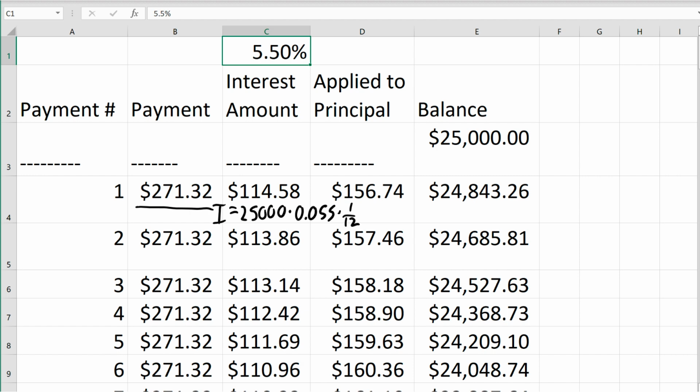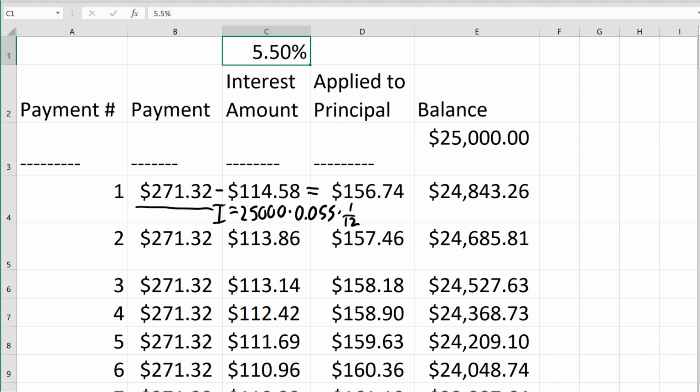It's just simple interest on the balance from the previous month. So then what we do is we take the payment amount, $271.32, and we subtract out the interest amount, because that's what the bank takes out. That's their profit. That's the cost of borrowing money from the bank. And that equals the amount applied to principal, $156.74.